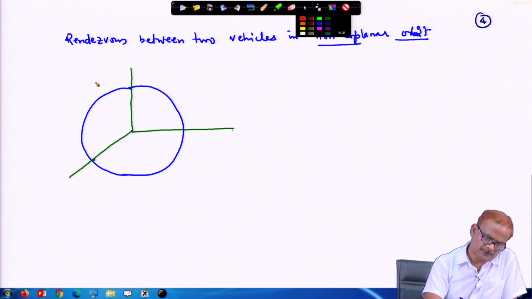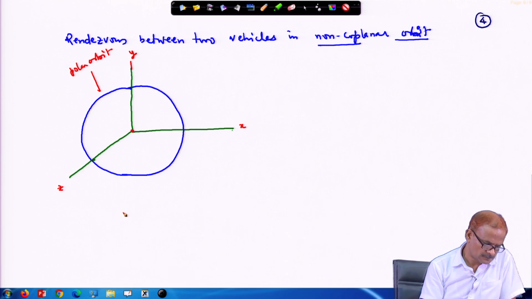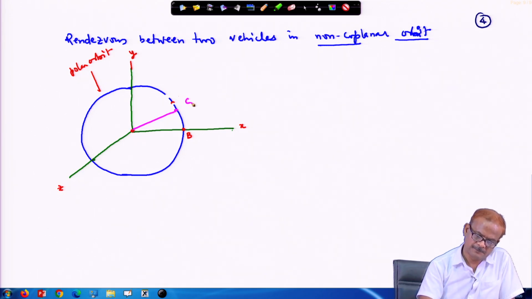Say this is your polar orbit, and here we write z, this is x and this is y. This is point B, and here some point is C, whose latitude is 30 degrees.